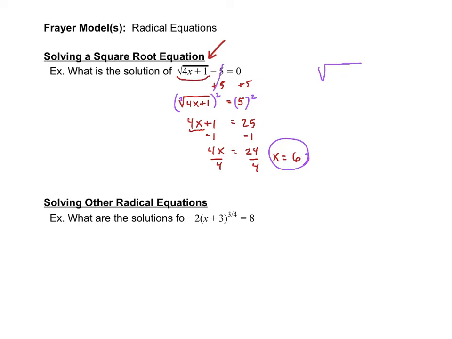So if I do check it, 4 times 6 plus 1 minus 5 is 0. Well, this is going to be the square root of 25 minus 5 is 0, or 5 minus 5 is 0. So that is a true solution. There you go. x equals 6.